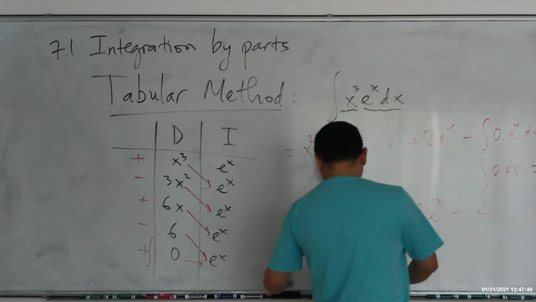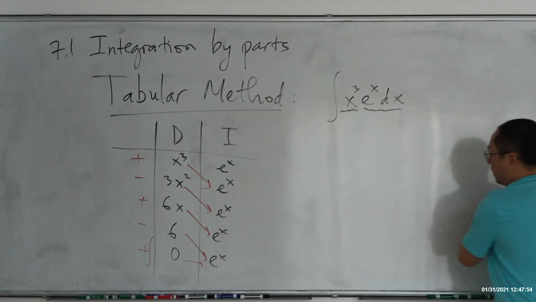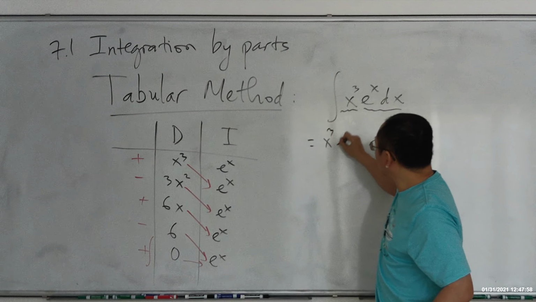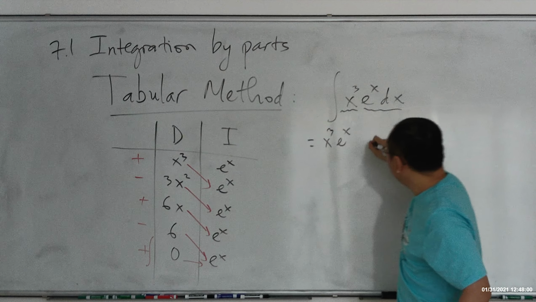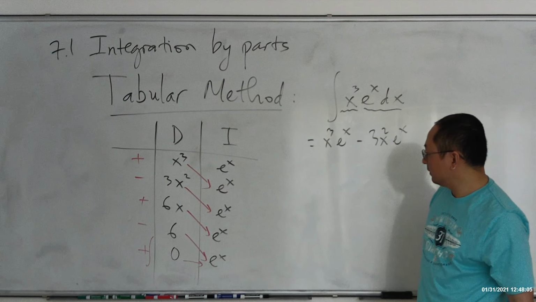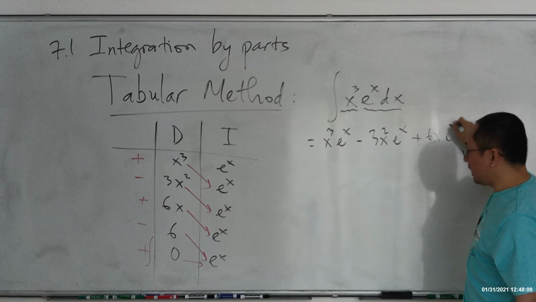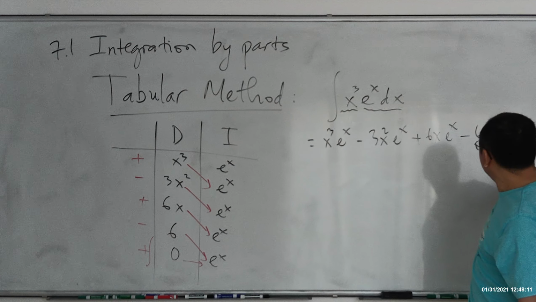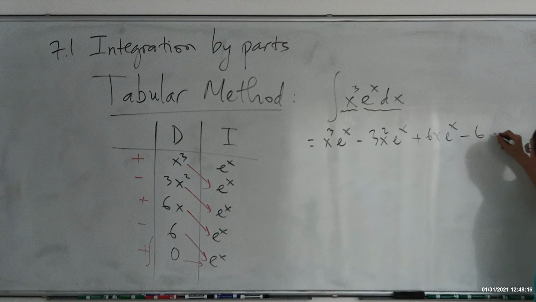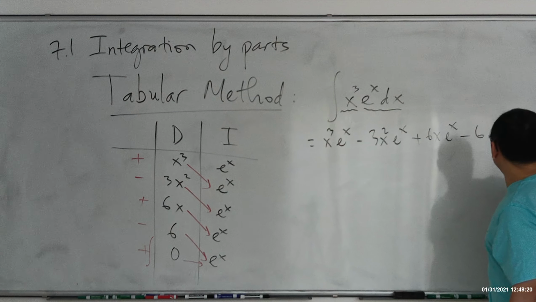So the answer for the integral of x cubed e to the x is x cubed e to the x, minus 3x squared e to the x, plus 6x e to the x, minus 6 e to the x, and plus the integral of 0. Integral of 0 is a constant, plus c.